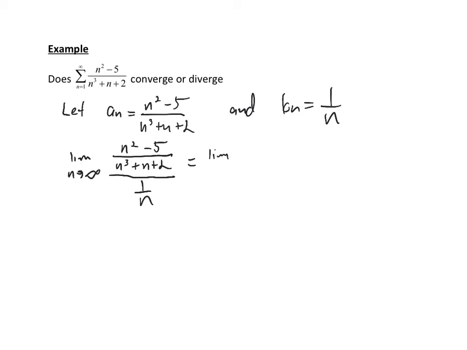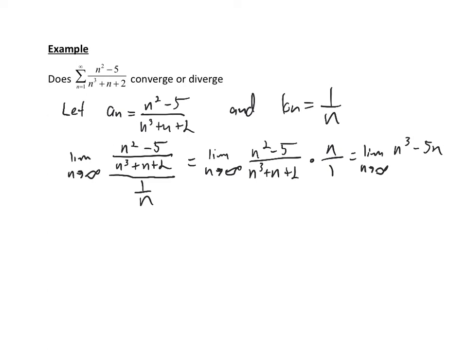So that's the limit as n approaches infinity of n squared minus 5 over n cubed plus n plus 2 times n over 1, which equals the limit as n approaches infinity of n cubed minus 5n over n cubed plus n plus 2.